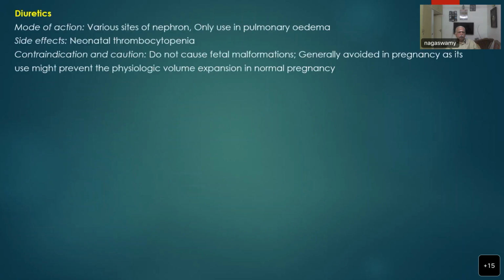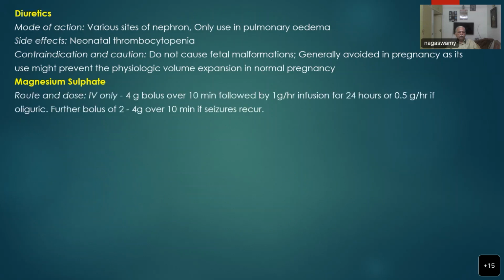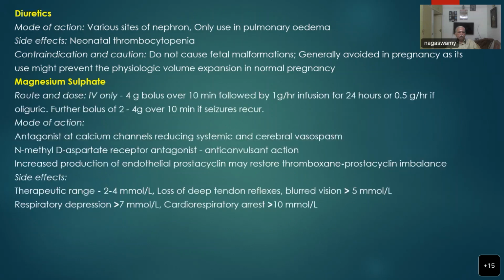Diuretics, what is the role of diuretics? They act on the various sites of the nephron, but the side effect is neonatal thrombocytopenia. So that is why, even though there is edema, we don't use diuretics commonly unless there is frank pulmonary edema in these patients. And magnesium sulfate, you must know everything about it.